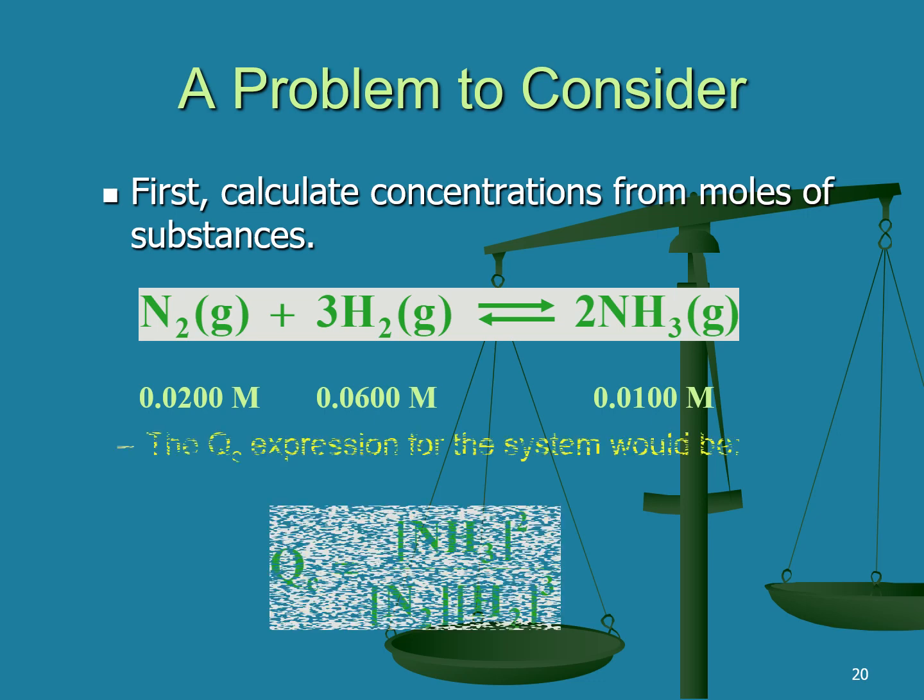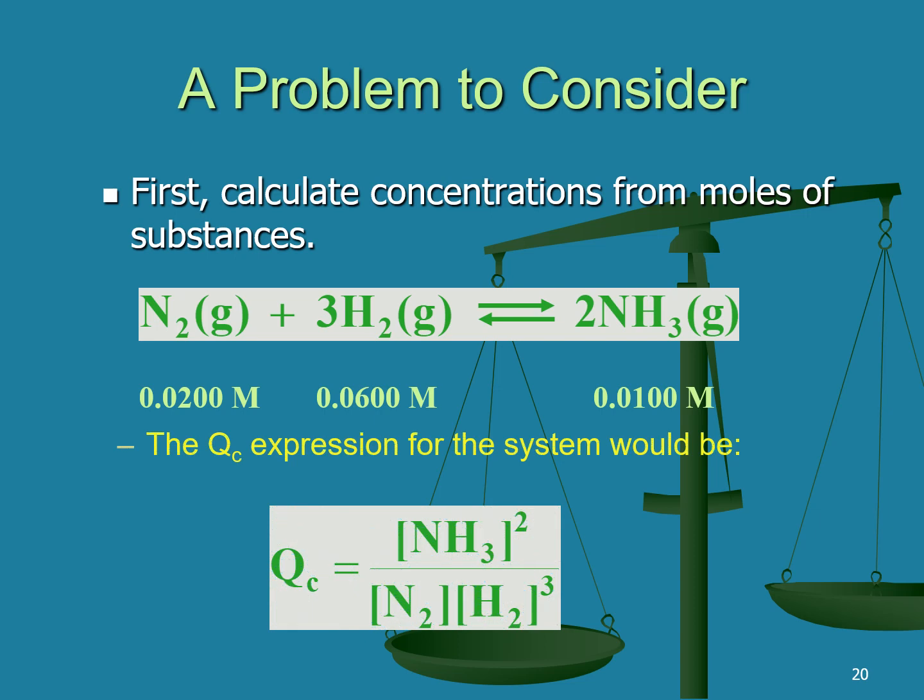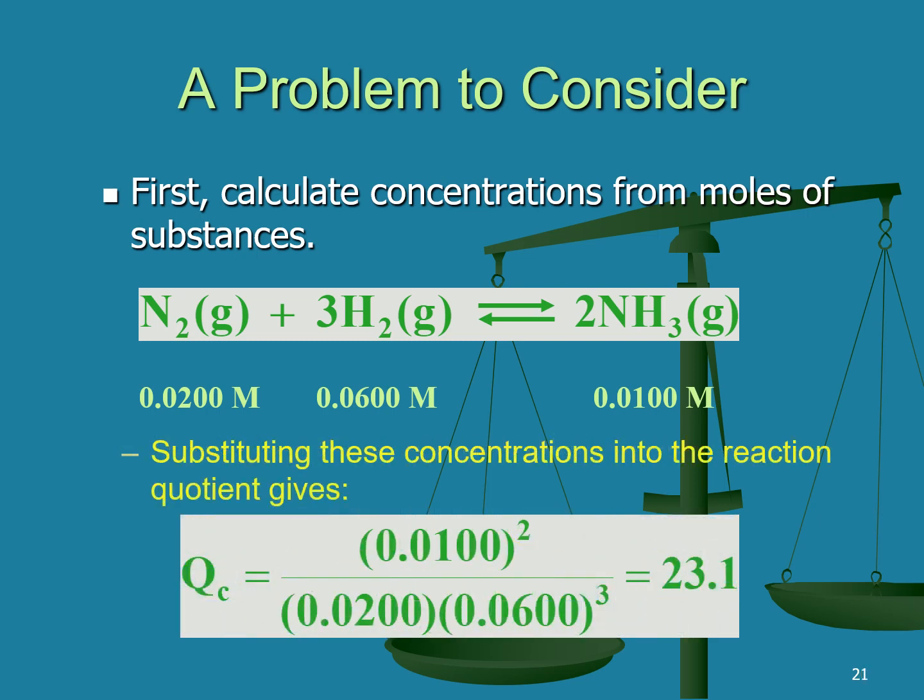So now we're going to plug that into our expression. There's our Q expression. Don't forget the exponents; it's so easy to overlook them. We plug in 0.0100 squared divided by 0.0200 times 0.0600 cubed, and that equals 23.